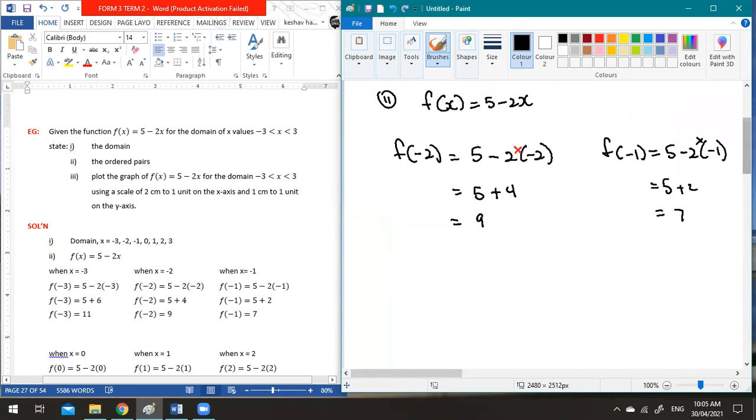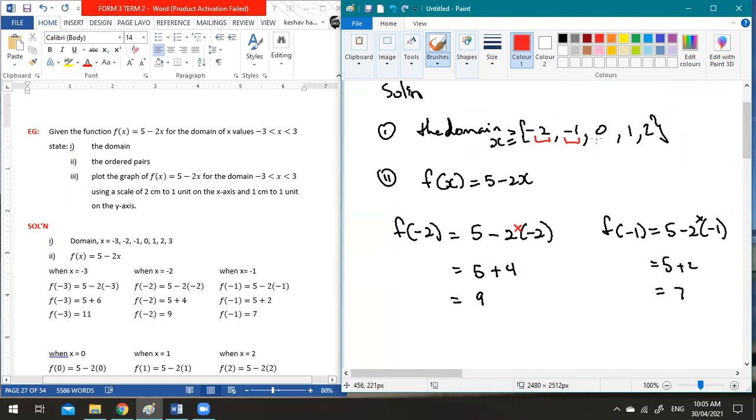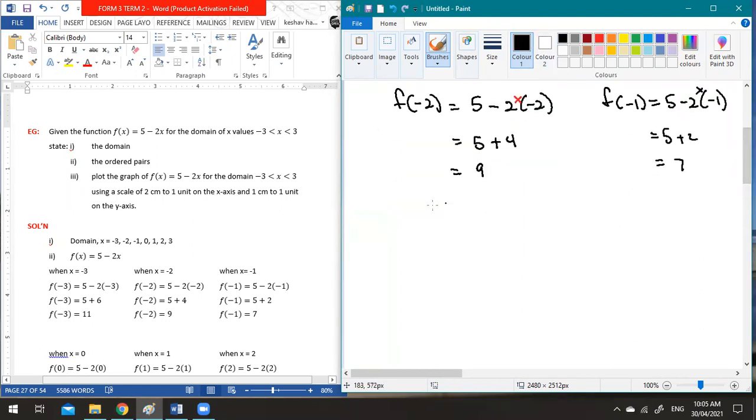Then we go on to the next value. The next value is 0. So the function of 0. So -2 upon bracket with 0. -2 by 0 is 0, so it's 5.